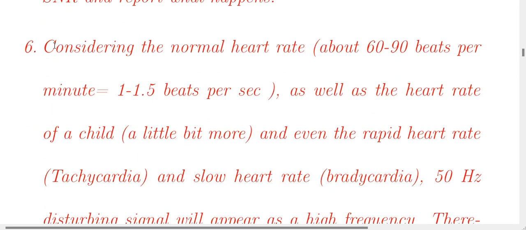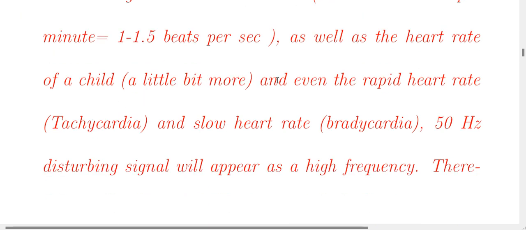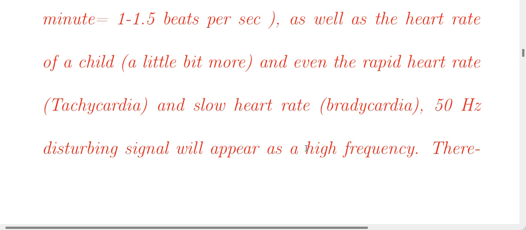The next question. Considering the normal heart rate of about 60 up to 90 beats per minute for a normal human being, which is equal to 1 up to 1.5 beats per second, hertz, as well as the heart rate of a child, a little bit more, and even the rapid heart rate tachycardia and slow heart rate bradycardia, the 50 Hz disturbing signal will appear as a high frequency for all the cases reported.